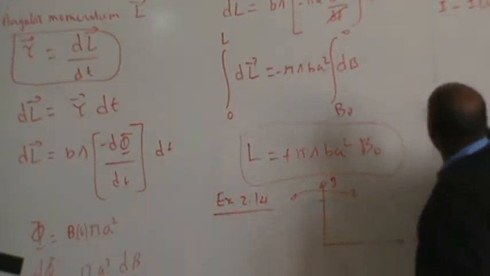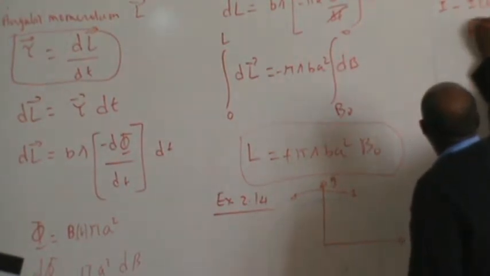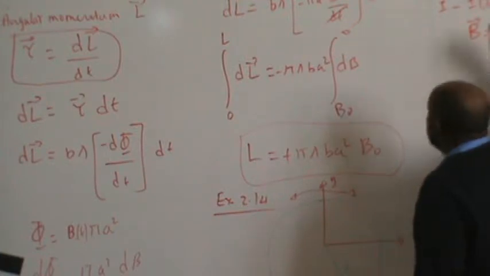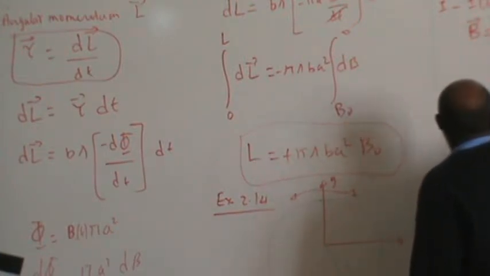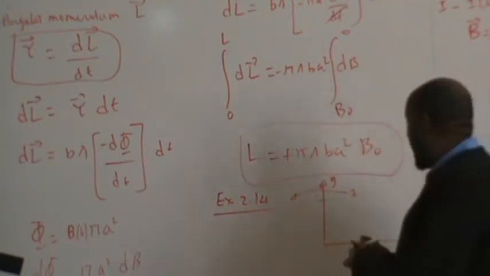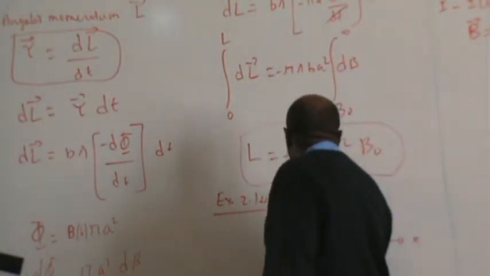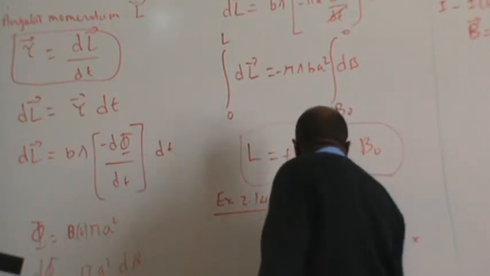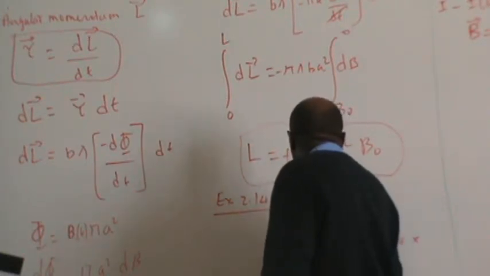So for a long solenoid, I can write B equals mu naught n I along the z direction. Our objective is to find the induced electric field if you have a loop inside, of radius s.